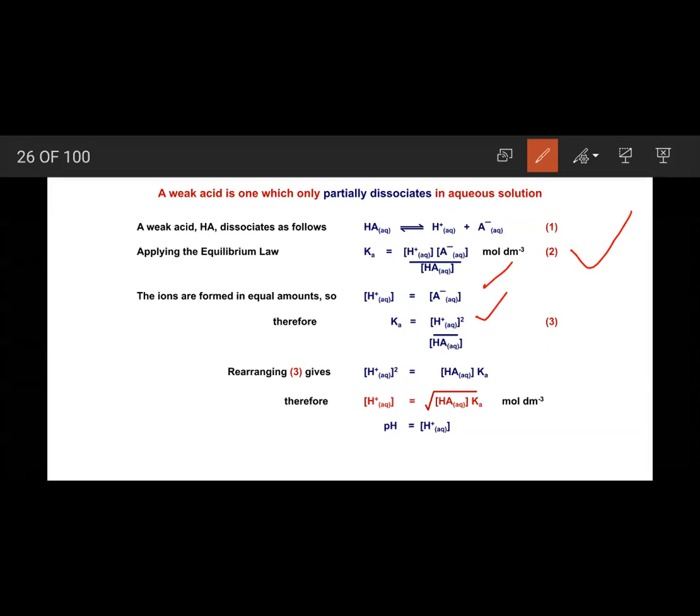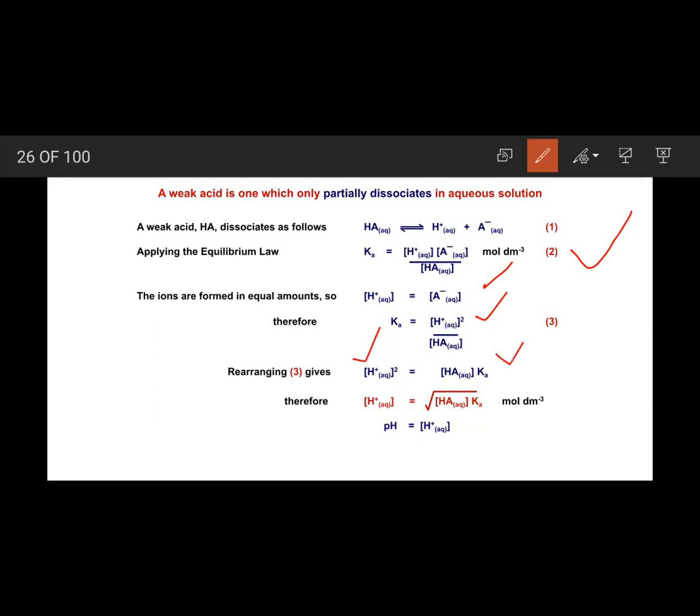So rearranging this equation, you will get: as you know, if you want to calculate the pH, first you have to know the concentration of H plus ion, right? So just take out the concentration of H plus ion. The concentration of H plus ion squared is equal to the concentration of weak acid times the acid dissociation constant, Ka, right?